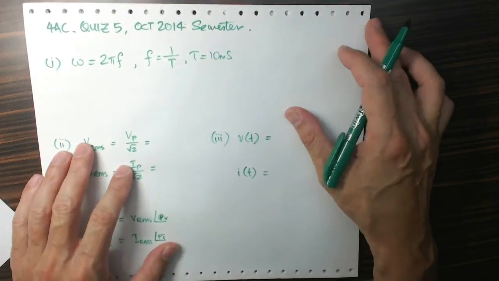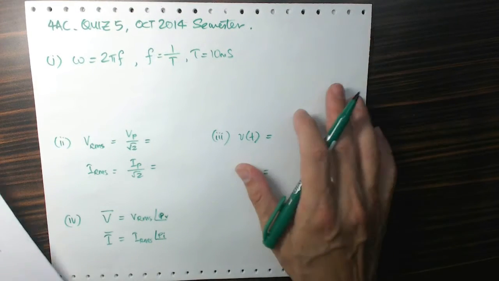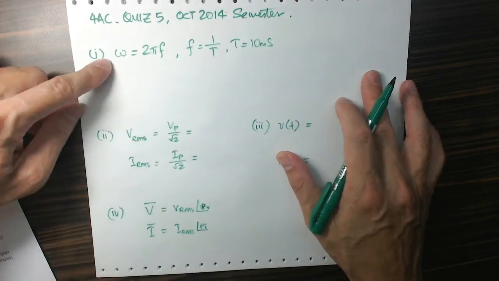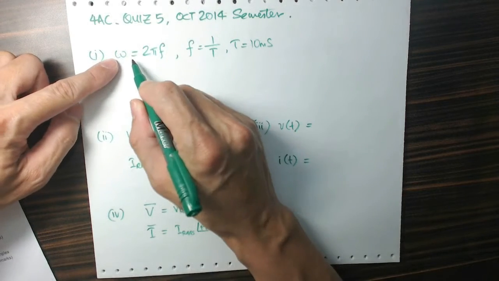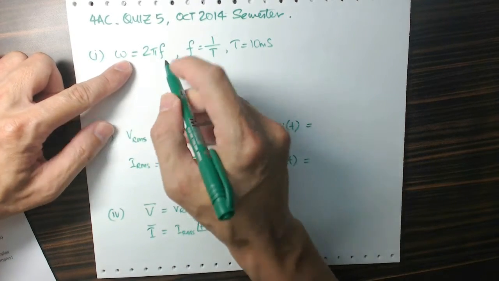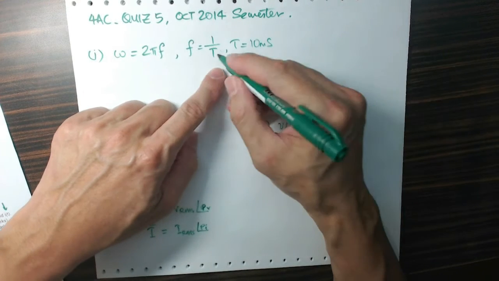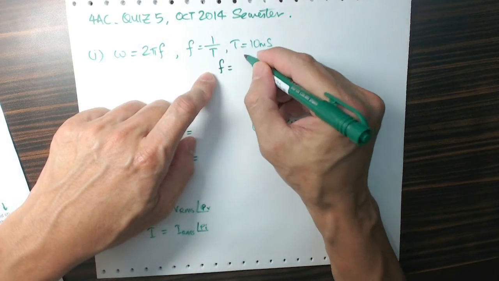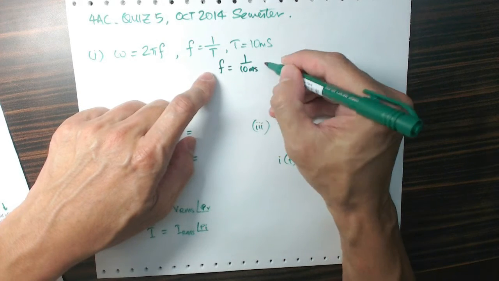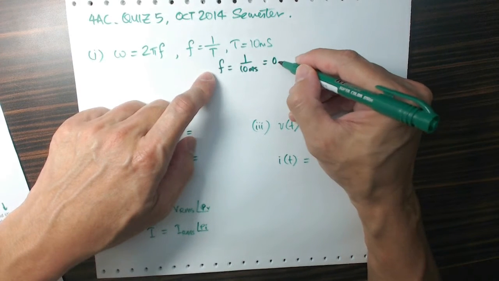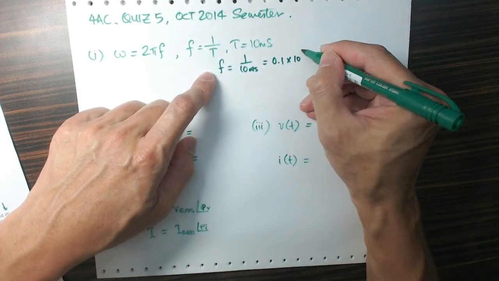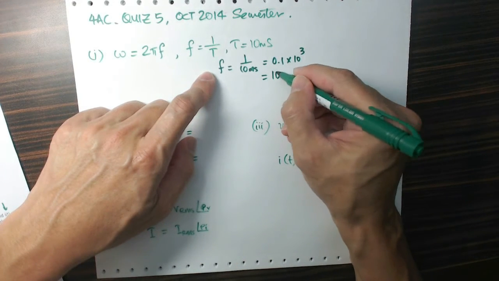First, what I've done is to quickly draft out some of the key information. To calculate the angular velocity, we know the relationship is 2 pi f. Now, f can be calculated from this formula. From here, f is just 1 upon 10 milliseconds. That is 0.1 times 10 to the power of 3, which gives us 100 Hertz.